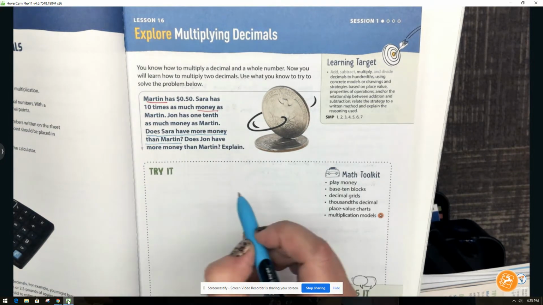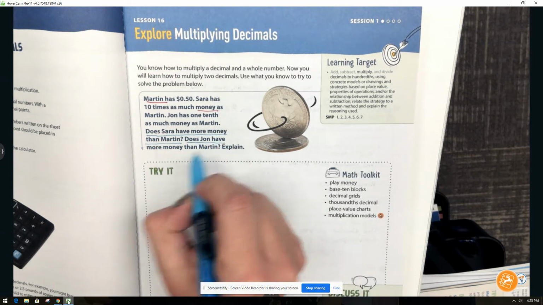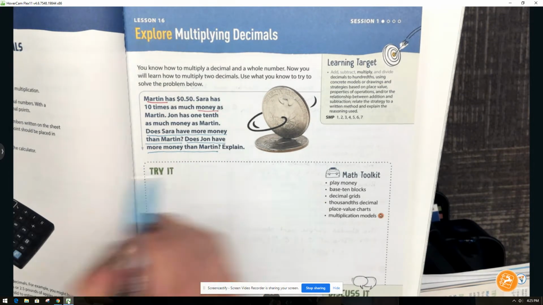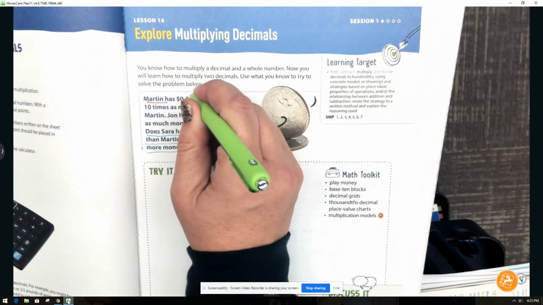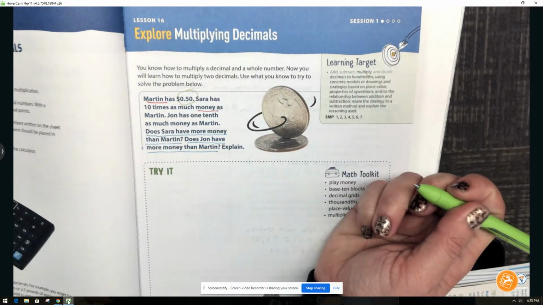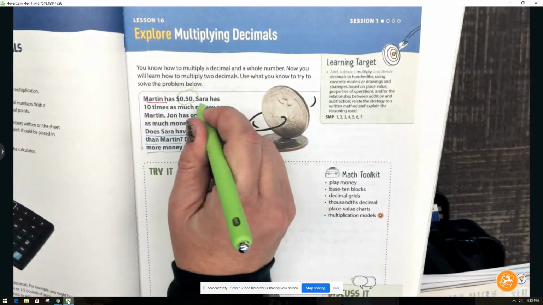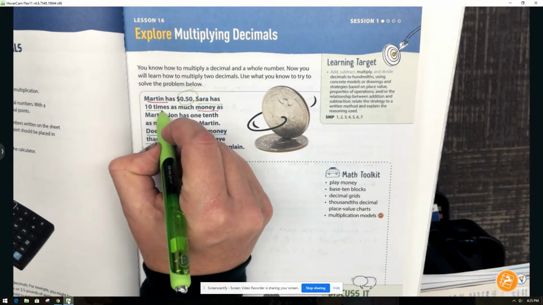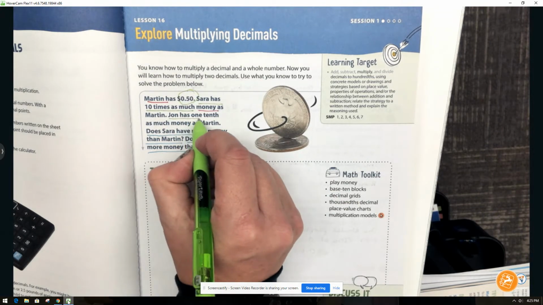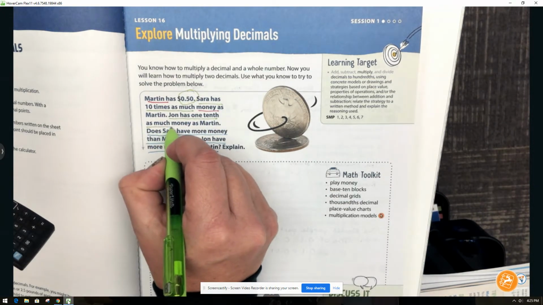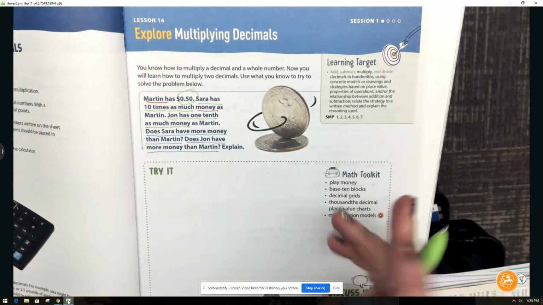And then we also need to solve, does John have more money than Martin? So the important information we need to know is that Martin has 50 cents. Sarah has 10 times as much as Martin. And John has 1/10 as much money as Martin.